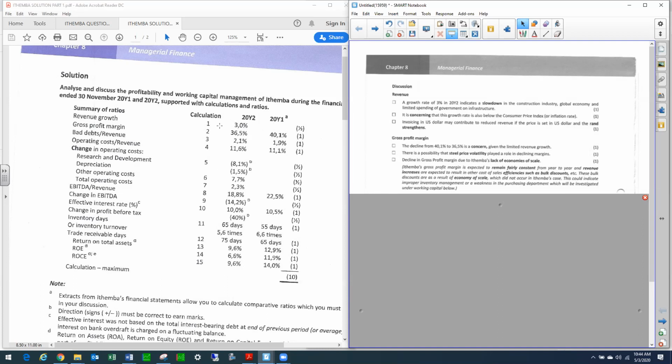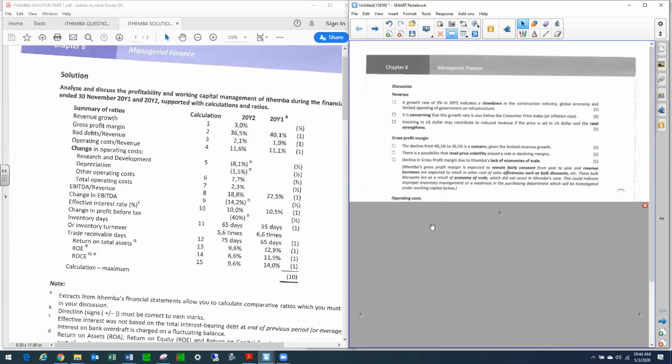If your sales go up, you would expect better GP because I get economies of scale: I can negotiate better bulk discounts, better terms with the suppliers, etc. So you always put economies of scale into a revenue question. Is that all right? Okay, I'm trying to do an exam technique thing with you guys. So hopefully this will help you.